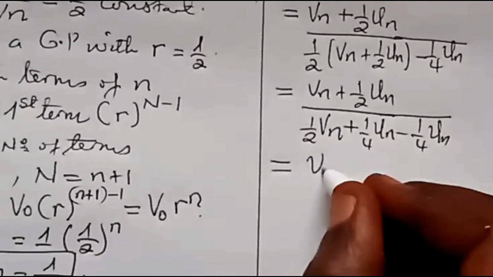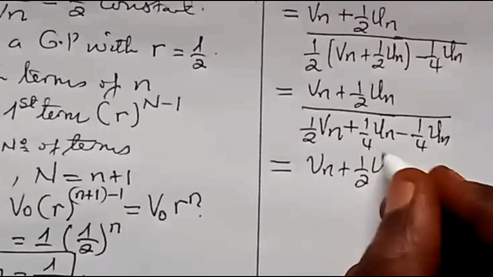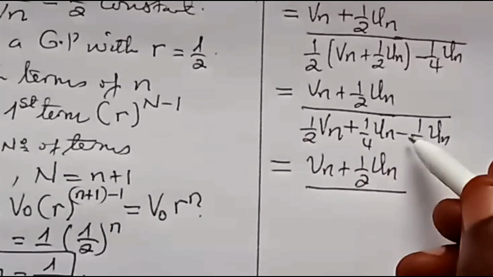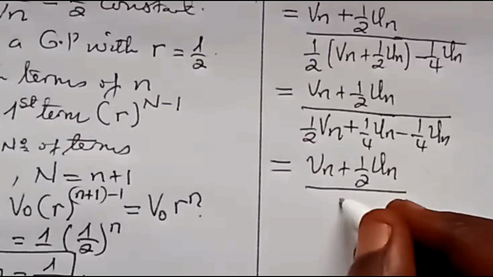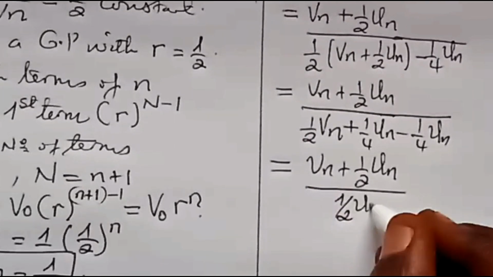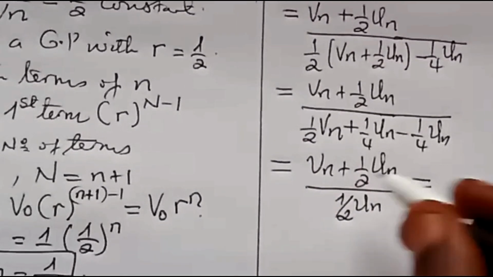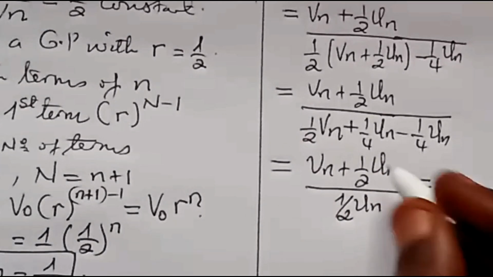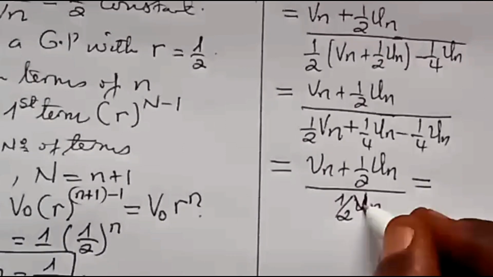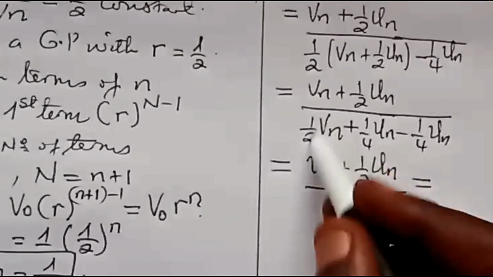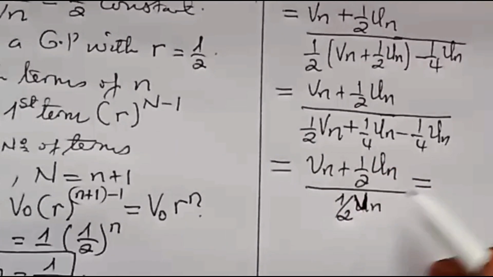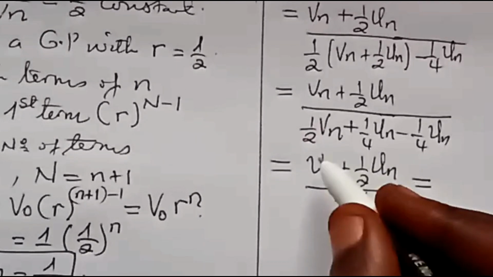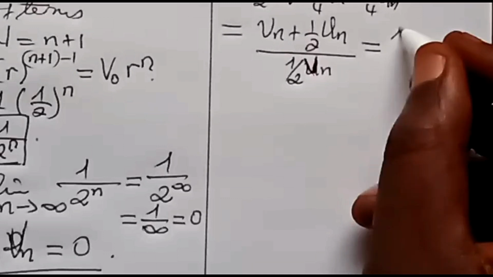And this gives Vn plus half Un all over 1 quarter Un minus 1 quarter Un, which will disappear, and we are just left with half Vn as the denominator. Dividing every term by the denominator, we get Vn over half Vn.